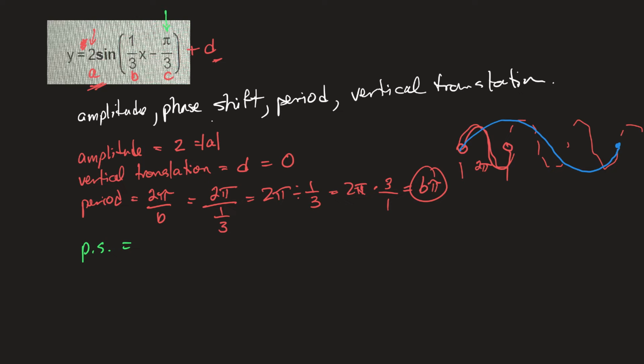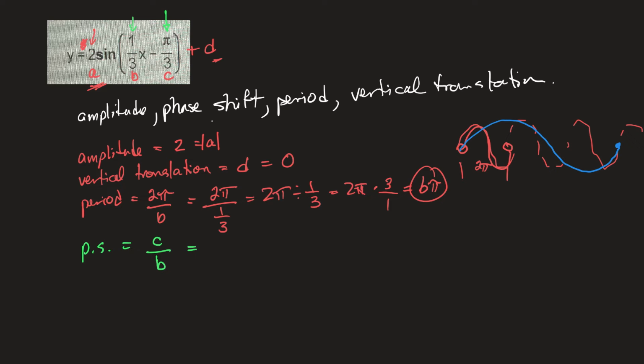And usually we've just said, hey, it's whatever C is. And you can say that if there's no B value, but if there's a B value, it complicates that. So for phase shift, the formula is always whatever C is divided by B. So if there's no B value, then it's just whatever C is. But if there's a B value, then you've got to divide them.